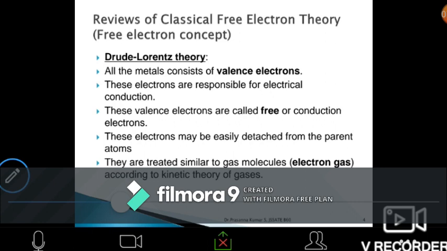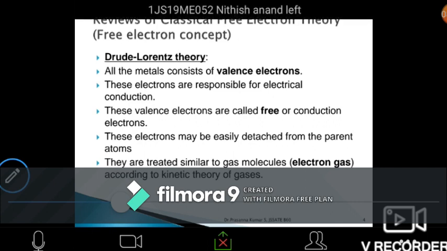You know that an s subshell can have a maximum of 2 electrons. So this is half filled. So it is partially filled. It is 4s1, so it is 50% filled. This 4s electron is responsible for the electrical conductivity. See, in any chemical reaction or electrical conductivity, the valence electrons, the outermost shell electrons, are responsible for the properties.